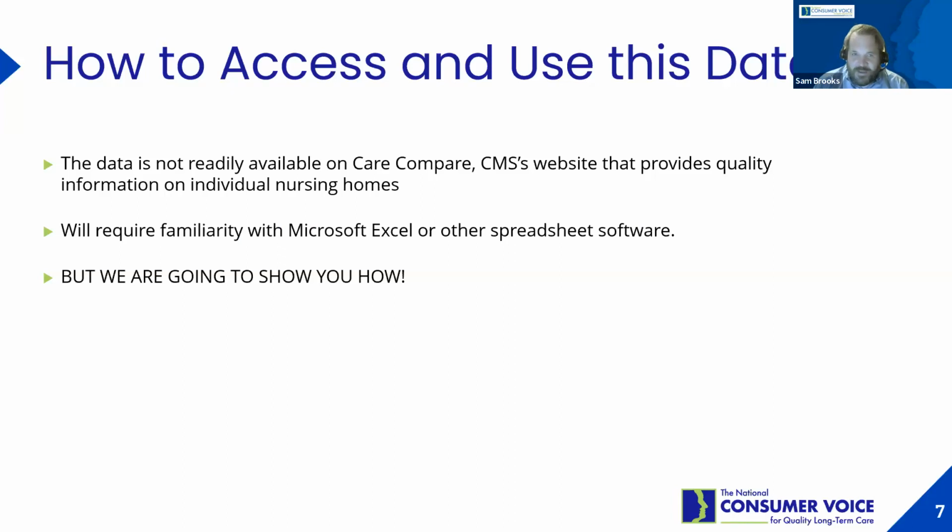So it's not readily available. We've asked CMS to take steps to make this information more available on Care Compare itself, and I'll give an example when we look at it. But for you, we're going to show you how to do it. And hopefully this will be very helpful to you. Next slide.